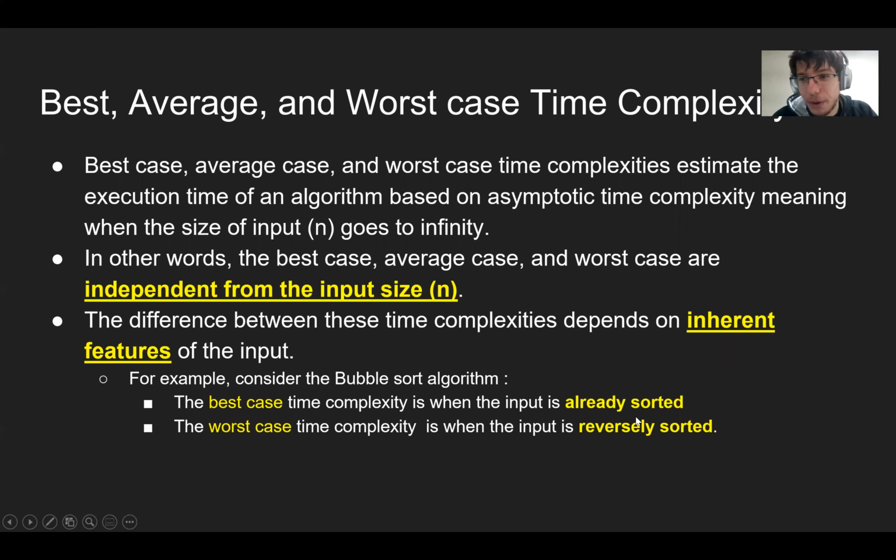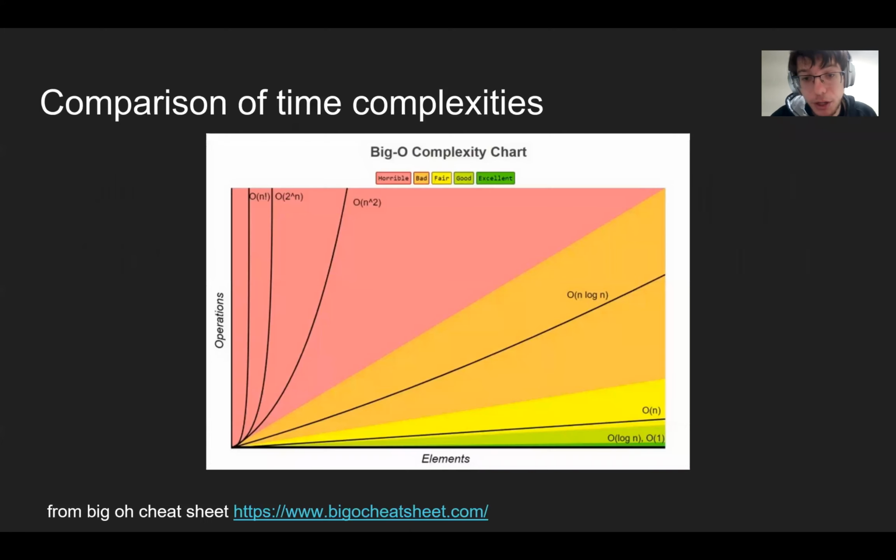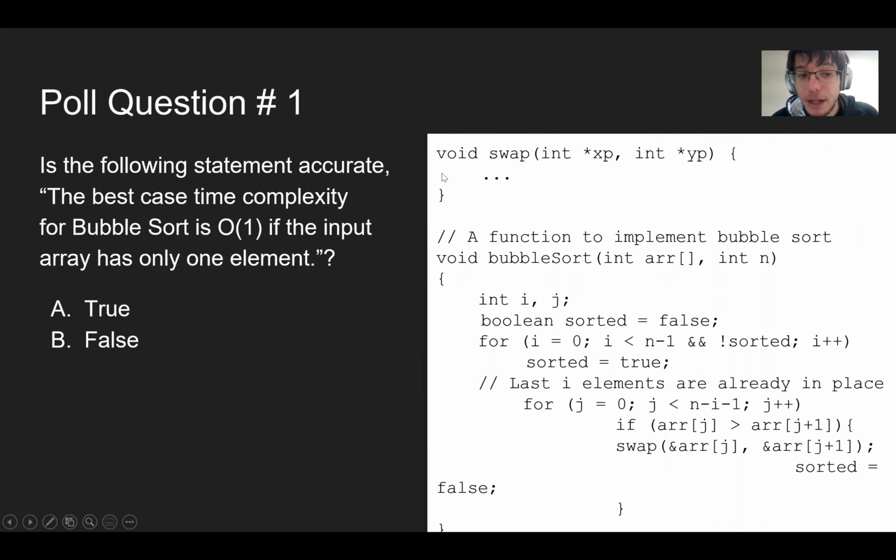That's a feature of the input because it's something about the input, whether it's sorted or not sorted. But here it's a little bit different, because we're just saying it's the size, and remember, big O notation has nothing to do with size, because we don't know what the size is going to be. Okay, we're told it's one element, but we're still going through n elements where n is just equal to 1. So it's still big O of n.